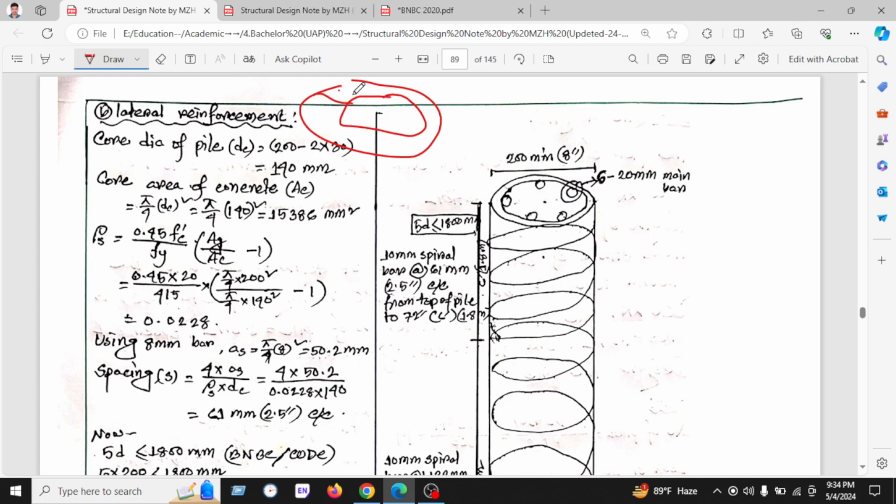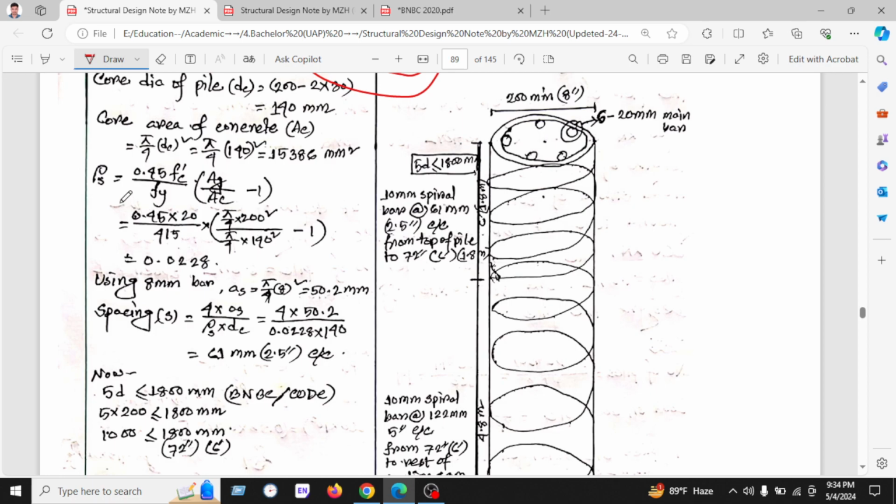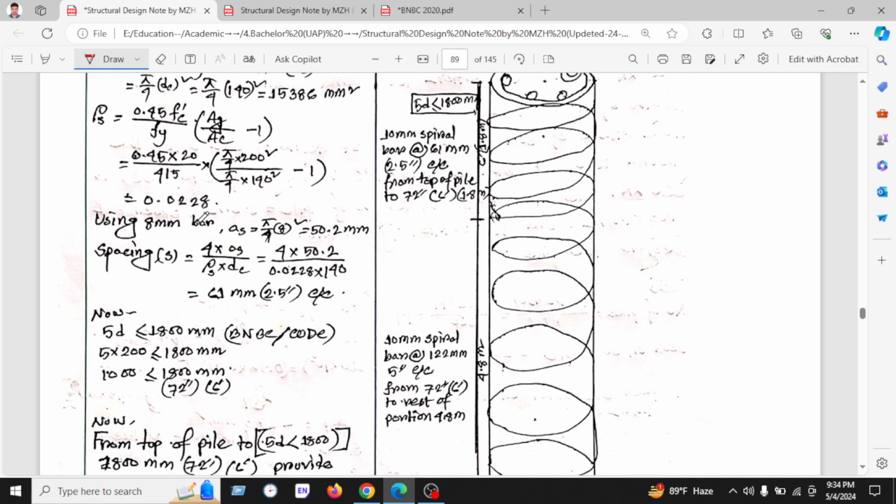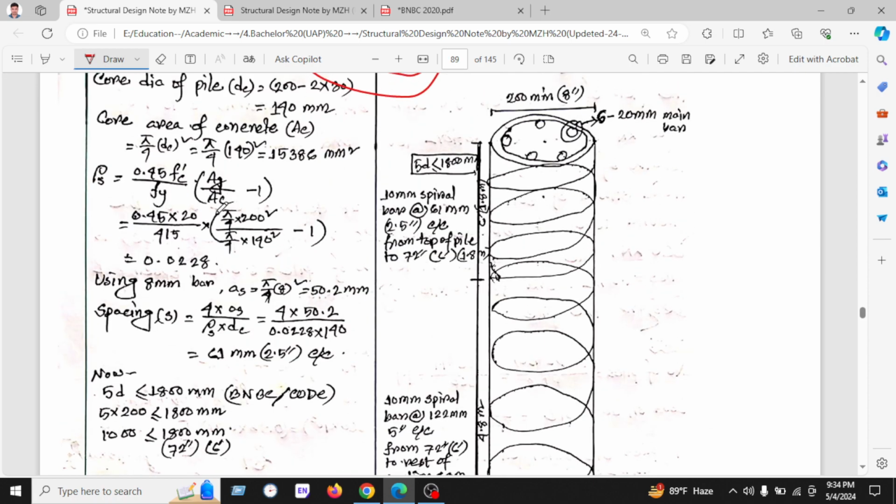So this is the clear cover of 30 and another portion is 30 millimeter. That's why we reduce the 30 and found the core dia and core area of concrete, which is 15386 millimeter square, and rho of steel is 0.85 F prime C Ag Fy divided by Ag minus Ac minus 1, which we have found is 0.0228. This is the steel ratio of the spiral column.